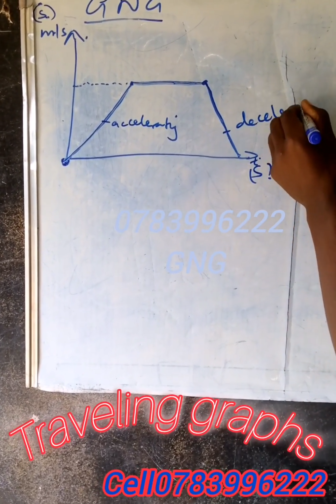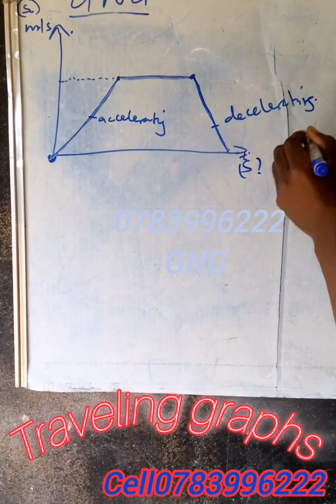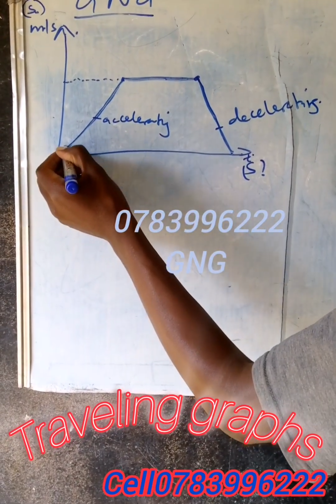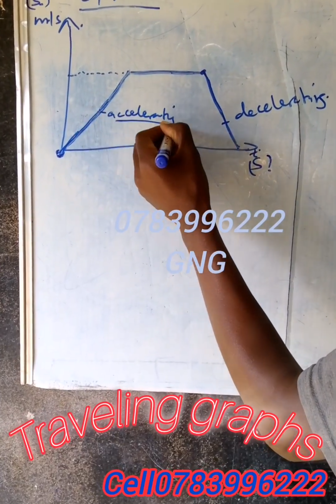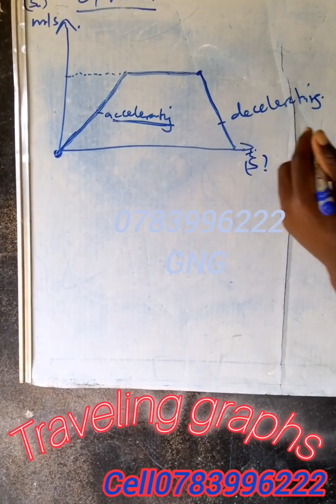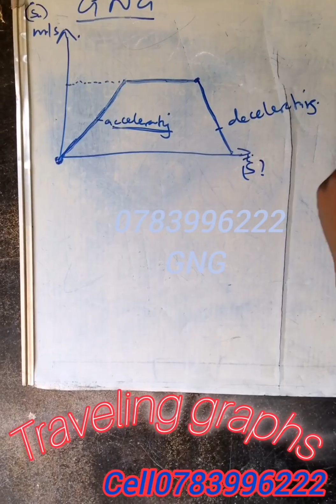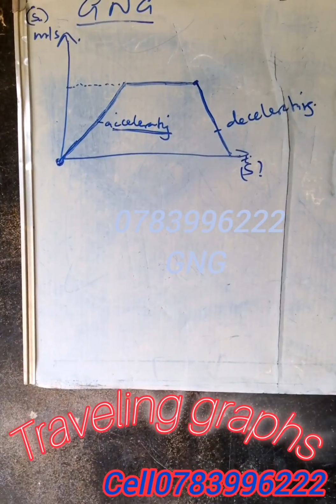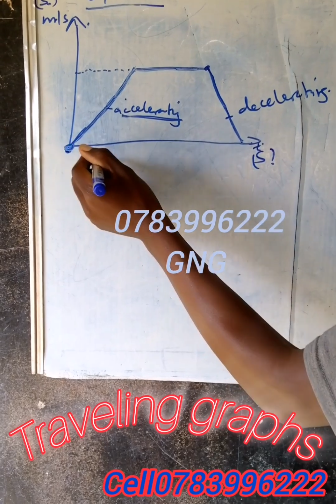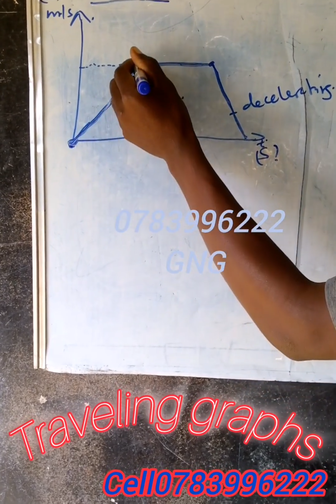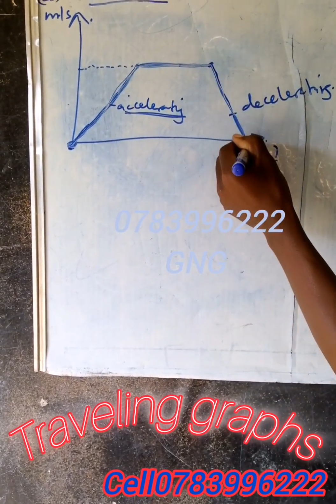The object is retarding, right? If I am told to calculate the deceleration, it is the opposite of the acceleration, which means it is negative here, right? So it is important to know the motion of the graph from here to here to here.